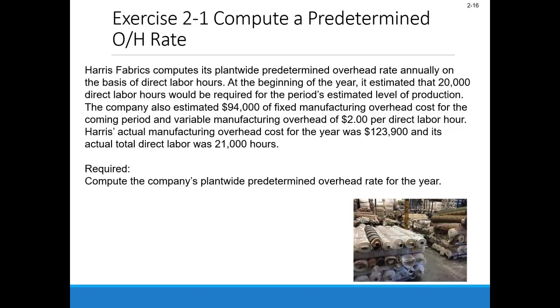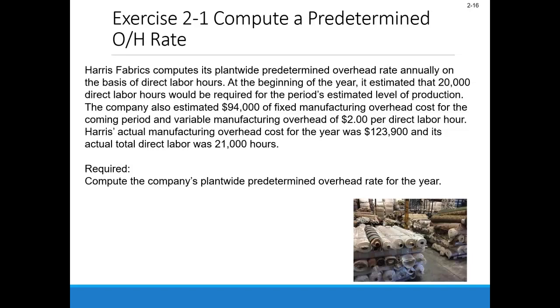The company also estimated $94,000 of fixed manufacturing overhead costs for the coming period and variable manufacturing overhead of $2 per direct labor hour. Harris's actual manufacturing overhead cost for the year was $123,900, and its actual total direct labor hours was 21,000.